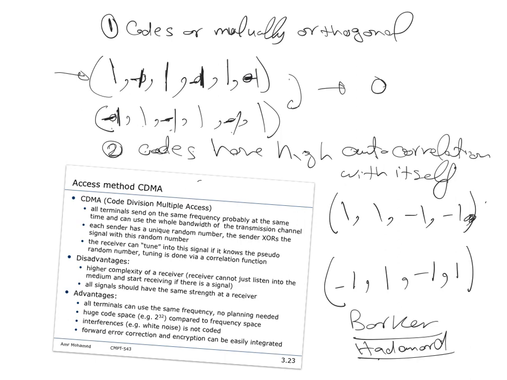Basically, what he said is that you can have 1, 1 and 1, minus 1. These two simple rows fulfill the two conditions, right? So you can multiply these codes. You can have 1, 1, 1, minus 1; 1, 1, 1, minus 1; 1, 1, 1, minus 1; and minus 1, minus 1, minus 1, 1.